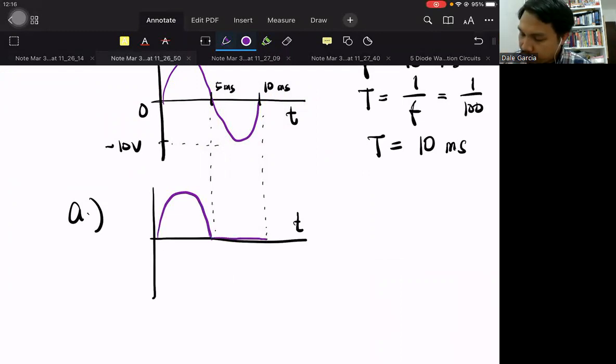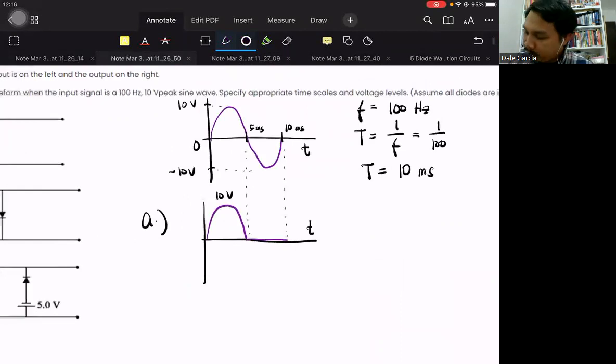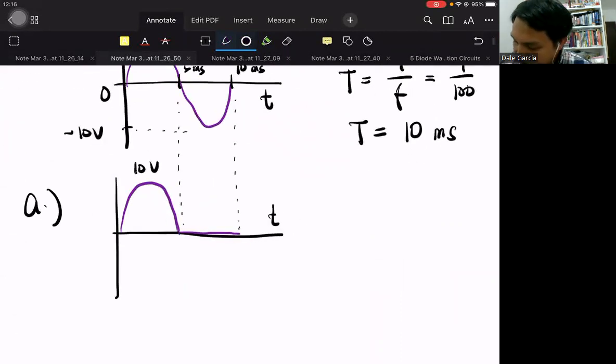Ito voltage. So 10 volts. Ideal man ang diodes. Alright, yan na lang. Kung butang time scale, 5 milliseconds, 10 milliseconds.